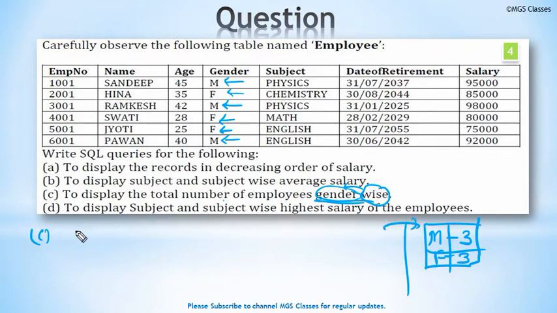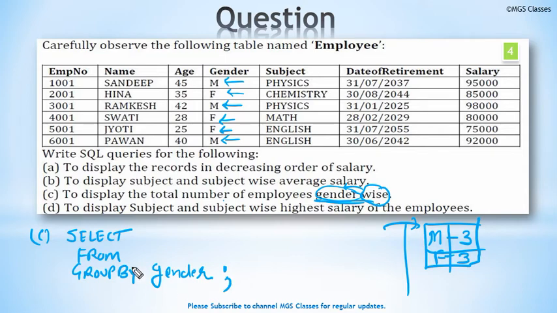In the same way, we need to write select first, and then the from clause, and then group by, because group by is necessary as he wants the gender wise total number of employees. So group by will be done on the gender column, and the table is the employee table. And what output do we want?